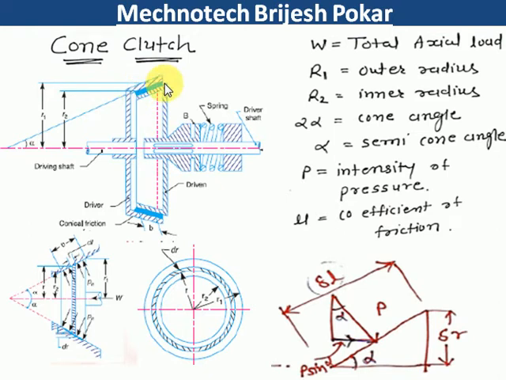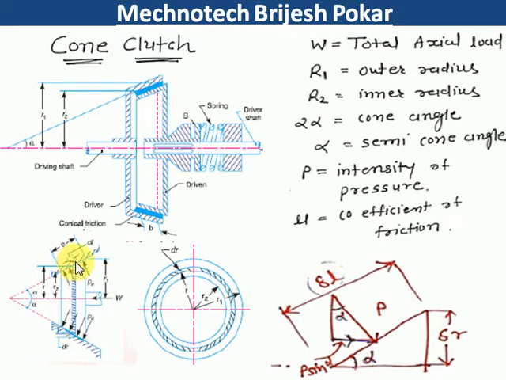Now the outer part of this lining material is R1 and the inner part of this lining material is R2, from the center. Now for the analysis, for the calculation, we have to consider a small part.